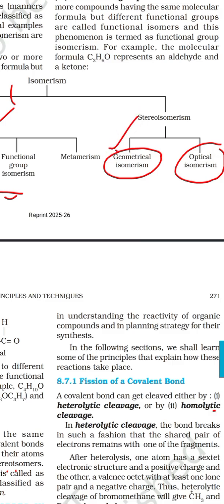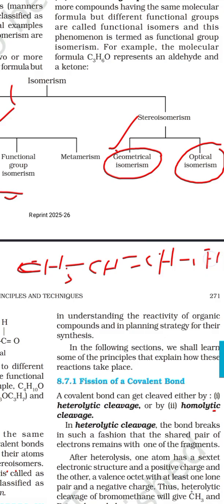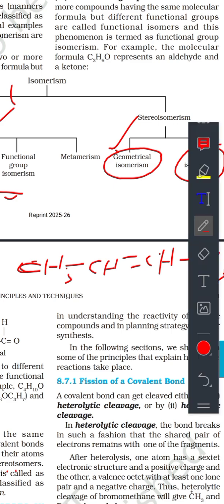Geometrical isomerism means, suppose we have CH3, CH double bond CH, CH3. Let us write it once again.